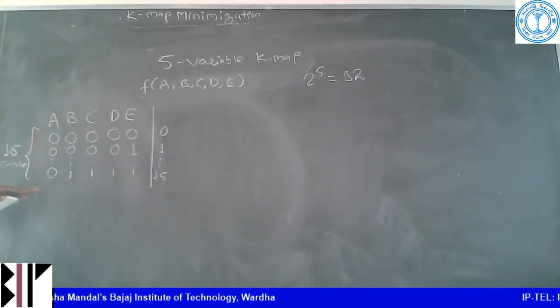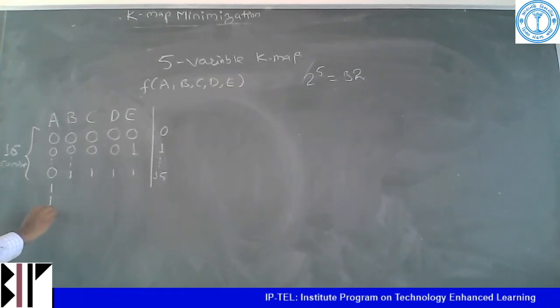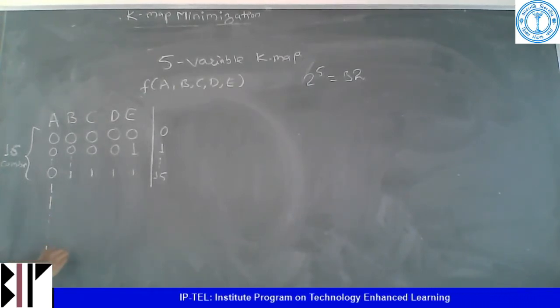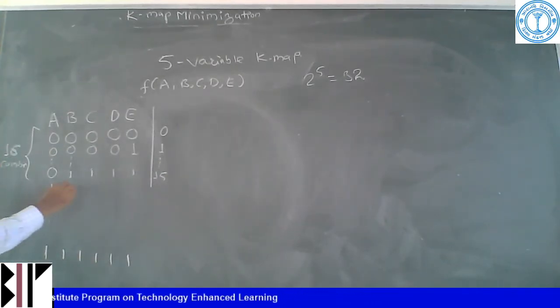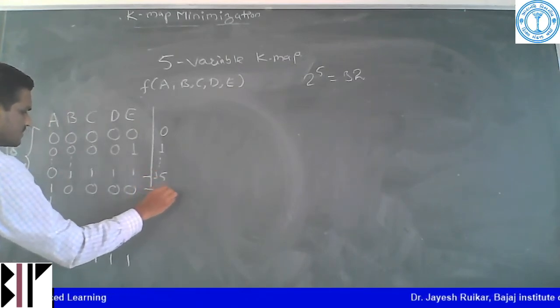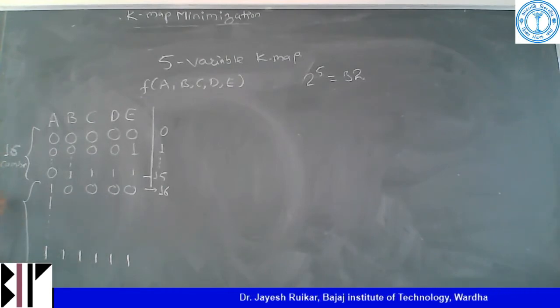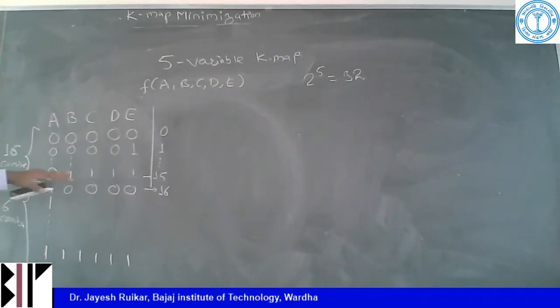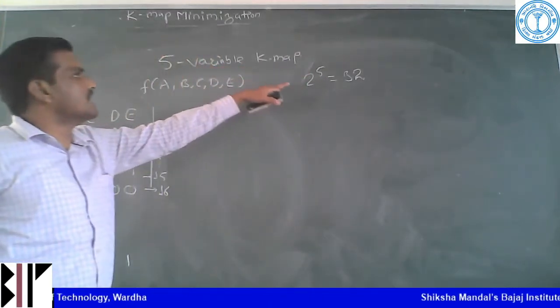So these are the 16 combinations. The next combination will have 1, 1 in the last digits, and it will go to all ones. So the next combination will be my decimal number 16, and all these combinations will again be 16 combinations. So a total of 32 combinations can be represented in 32 cells of the K-map.